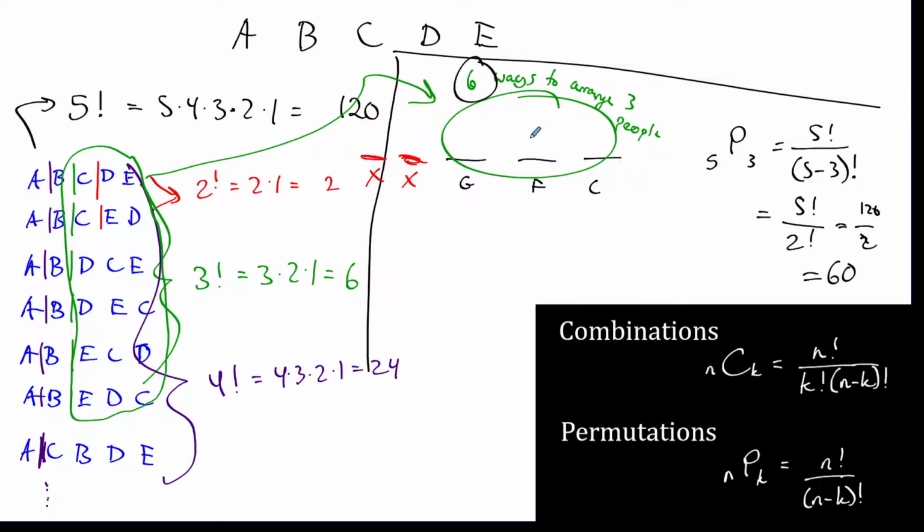Because you have to consider the fact that I was only looking at arranging C, D, E. What if B comes in the game and plays with D and E? What if A comes in the game and plays with D and E, etc.? The next question I got to ask myself here, and this is where combinations happen, is how many different ways can I just arrange 3 letters out of the 5 that we have right here, order not mattering, meaning if A, C, and E all play together, it doesn't matter what position they play.